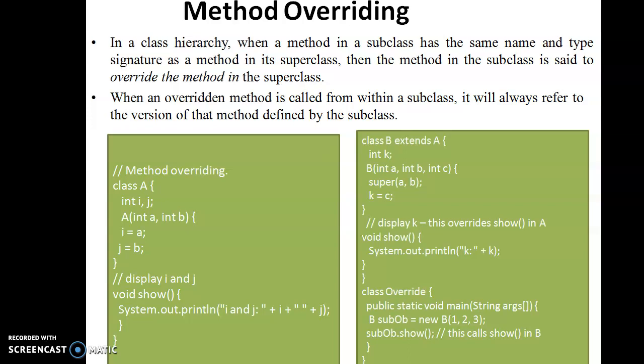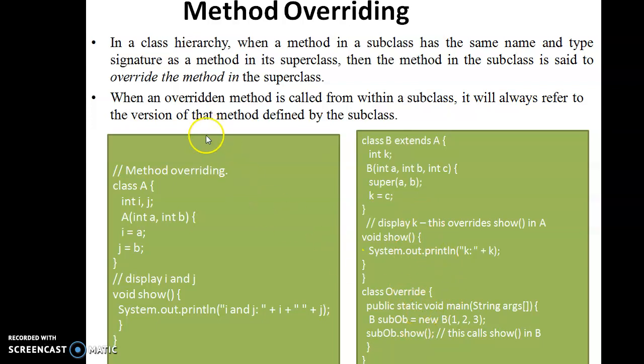When an overridden method is called from within a subclass, it will always refer to the version of the method defined in the subclass. It means the subclass method will be executed.